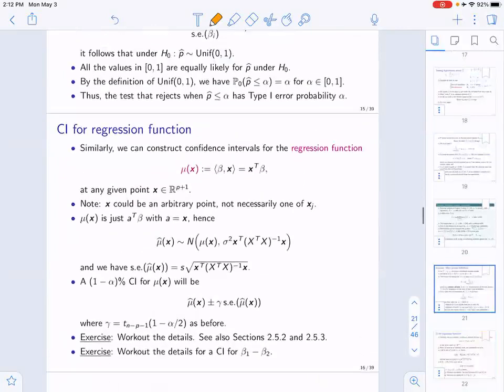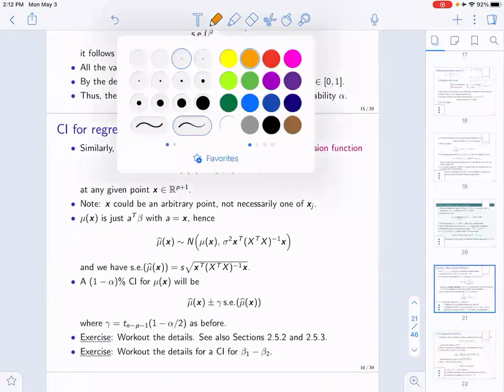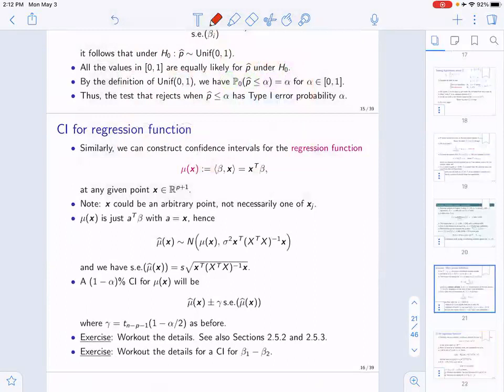What we have worked out so far was a confidence interval for a single coefficient, beta i, or hypothesis testing for beta i.